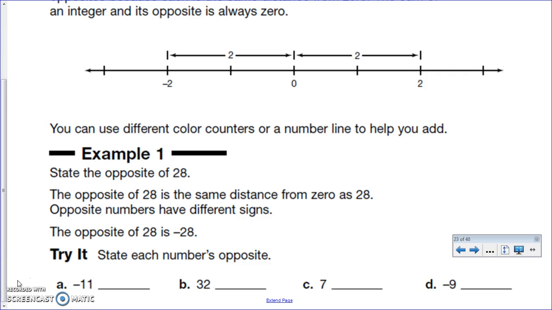For A, we have -11, so the opposite is the same distance away from 0, but on the positive side, so it's 11. And we're just going to write the number 11 because we don't write a plus sign in front of positive numbers. For B, we have 32, so that's positive, so its opposite will be negative, the same distance away from 0 on the other side of 0, so it's -32.